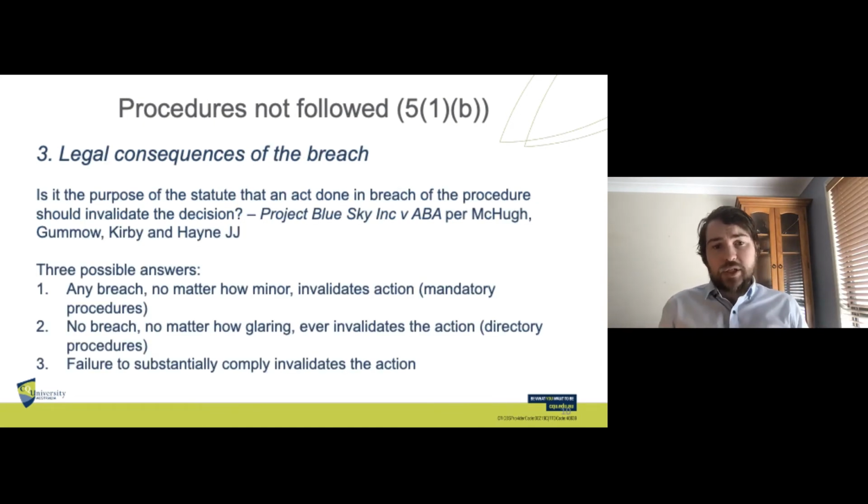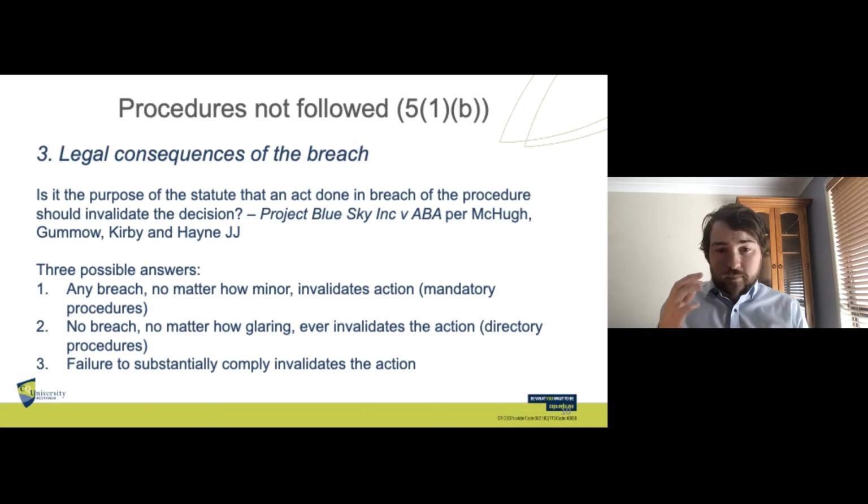And then the last question is to look at the legal consequences of that breach. And here we can take a closer look at Project Blue Sky and the Australian Broadcasting Association, because this is a really great case that really settled the matter of, do all breaches of procedure invalidate decisions, or can you sometimes not quite meet every step in the procedure, but the decision itself still be fine?